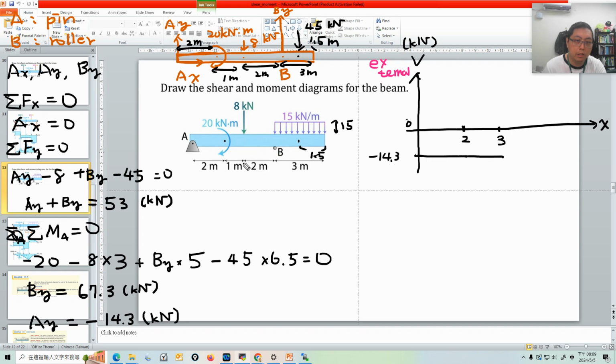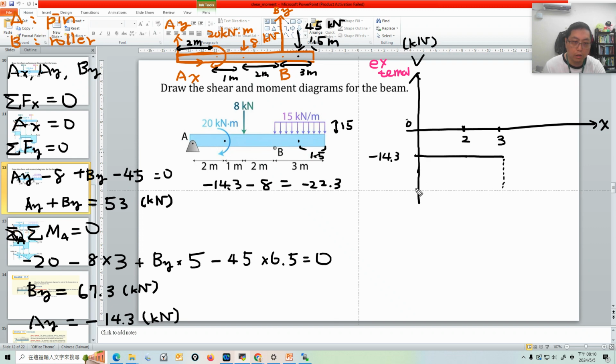At position 3 here, it experiences a kilonewton point down. Right now we are at minus 14.3, and minus the kilonewton force gives the value minus 22.3. So this will go down to here.